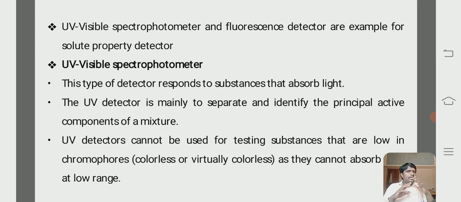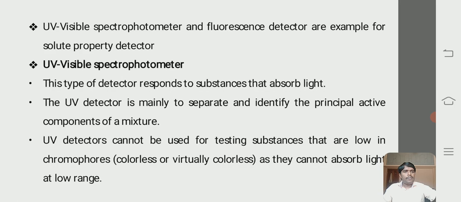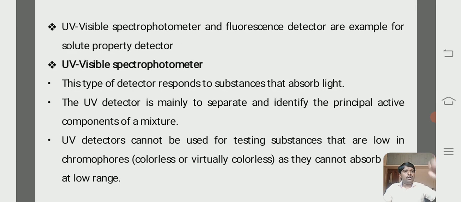UV detectors cannot be used for testing substances that are low in chromophores. Keep it in mind. Colorless substances are virtually invisible, as they cannot absorb light at low range.